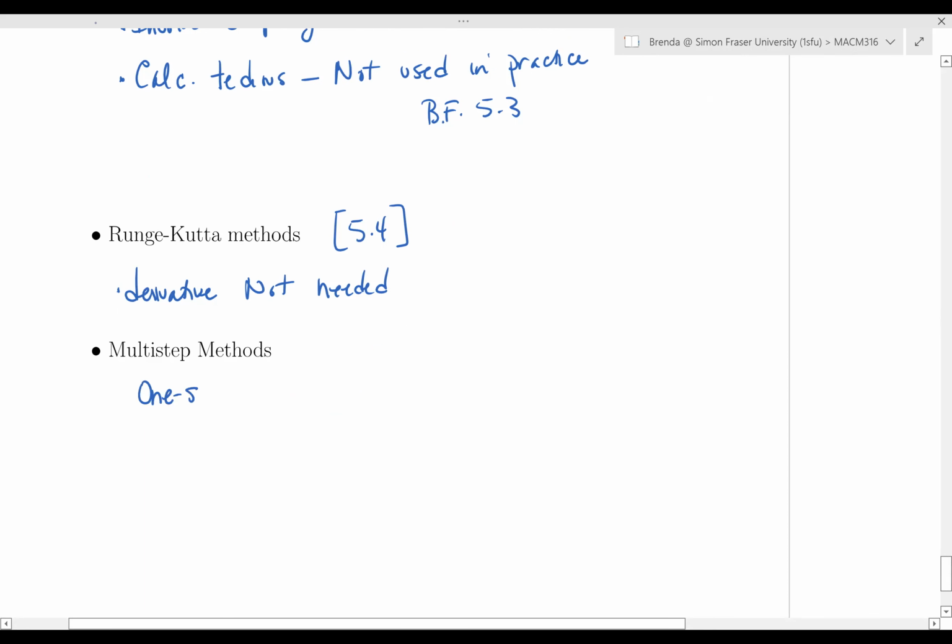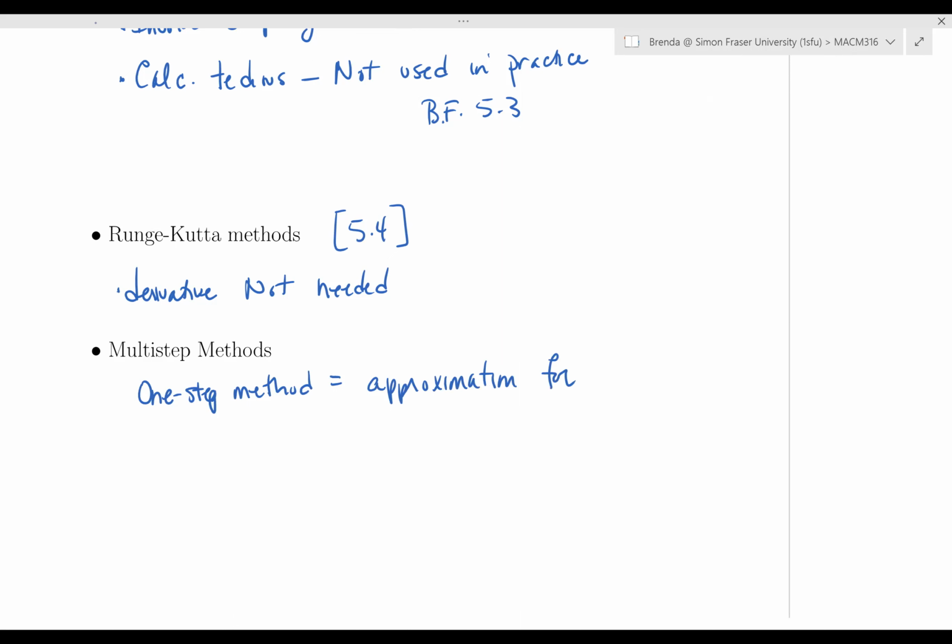The one-step method is where the approximation for the point y_{i+1} involves only information from y_i. I know where I am here, this is where I was.